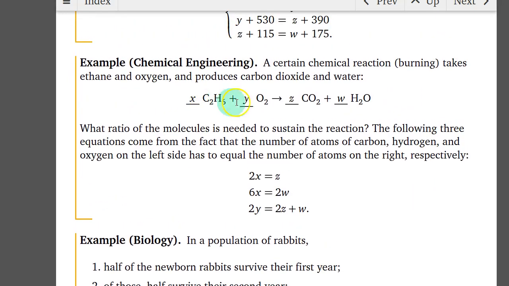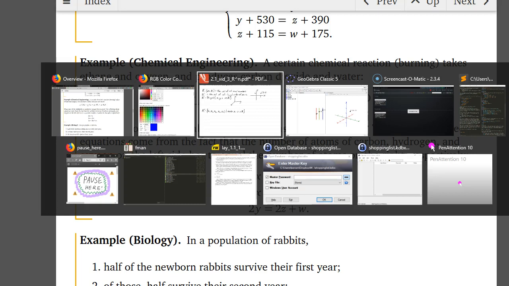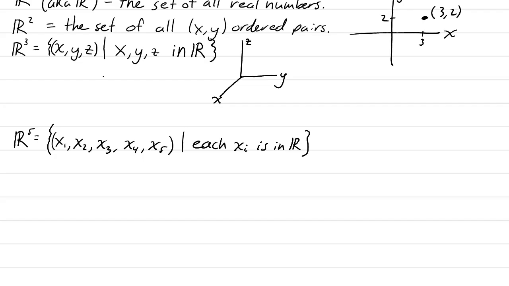Or if you have not just a simple chemical reaction of burning ethane, what if you're talking about some complicated protein reaction that happens in biology where you have lots of different elements involved? Then you could use a point to represent the different amounts of the different things going into it.